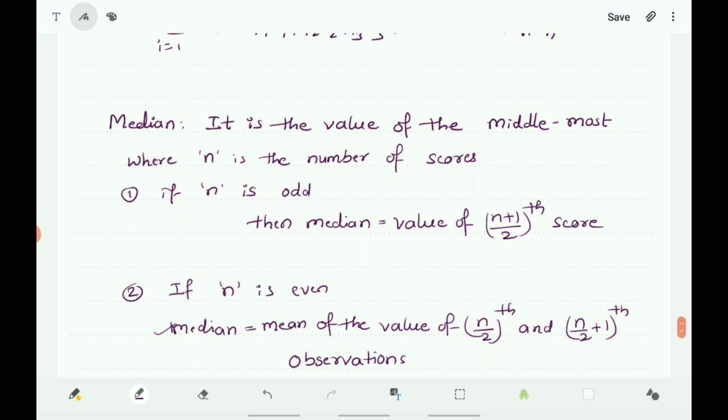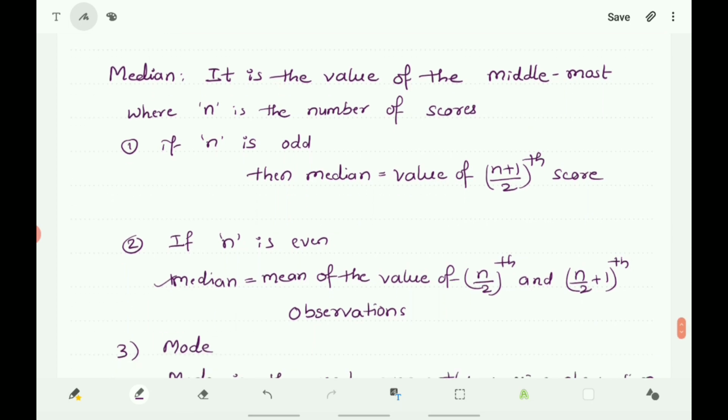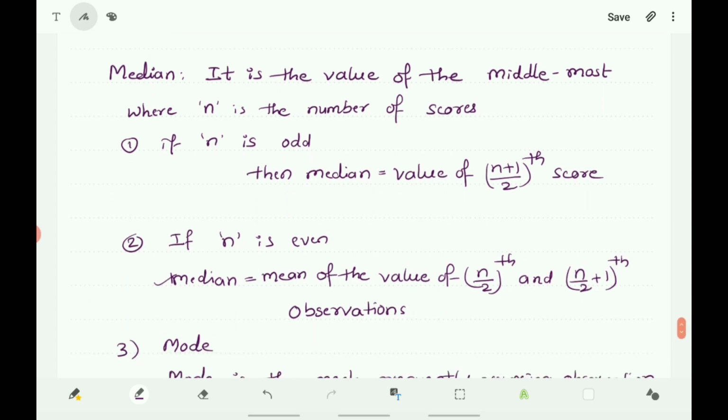If n is odd, then median is equal to the value of the (n plus 1) by 2th score or observation. And if n is even, then median is equal to the mean of the values of the n by 2th and (n by 2 plus 1)th observation. That is the method of finding the median.